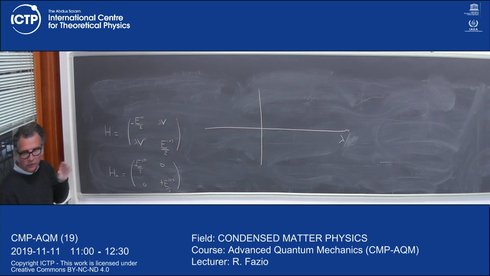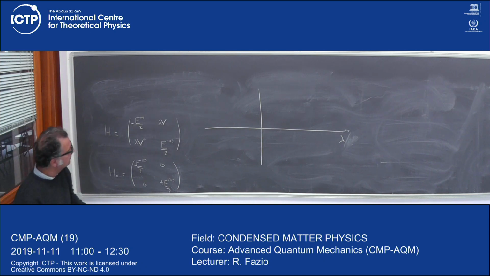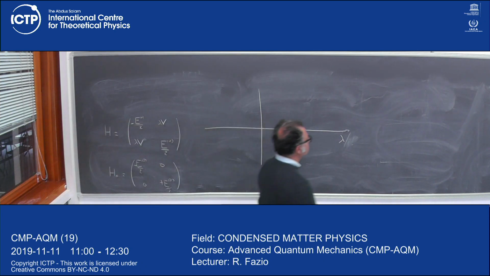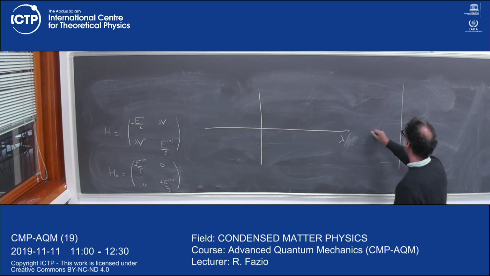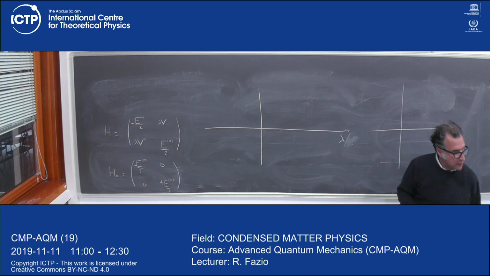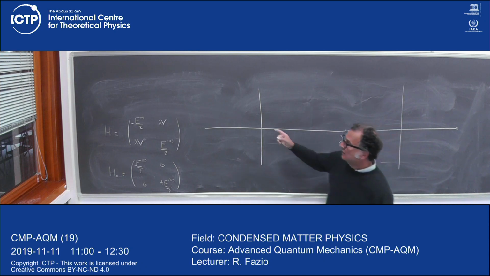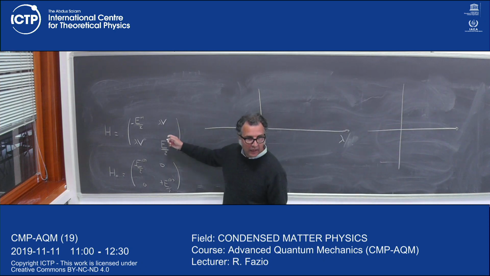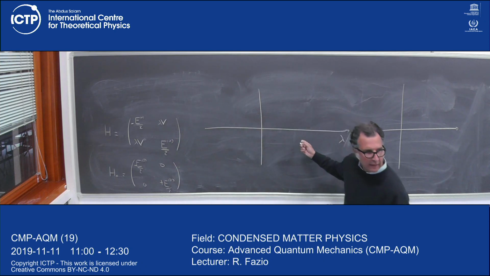No, it should be a median, so this is okay. I will have to find, yeah. Okay. So I want a decent plot of the eigenvalues of H and H0 as a function of lambda, okay?